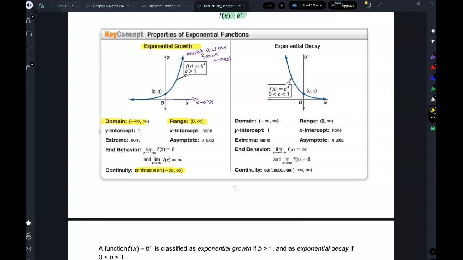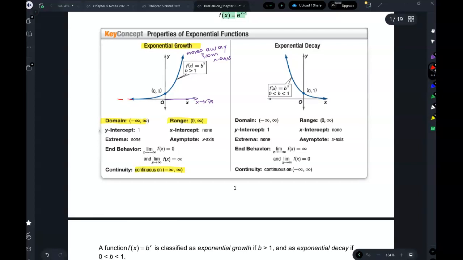The most important thing is all exponential functions have a horizontal asymptote, okay? So if this was y equals 2 to the x, is there a value of x that would make this 0? No, right? That's why there is a horizontal asymptote there. So the range is going to be starting with the horizontal asymptote, going up or down.